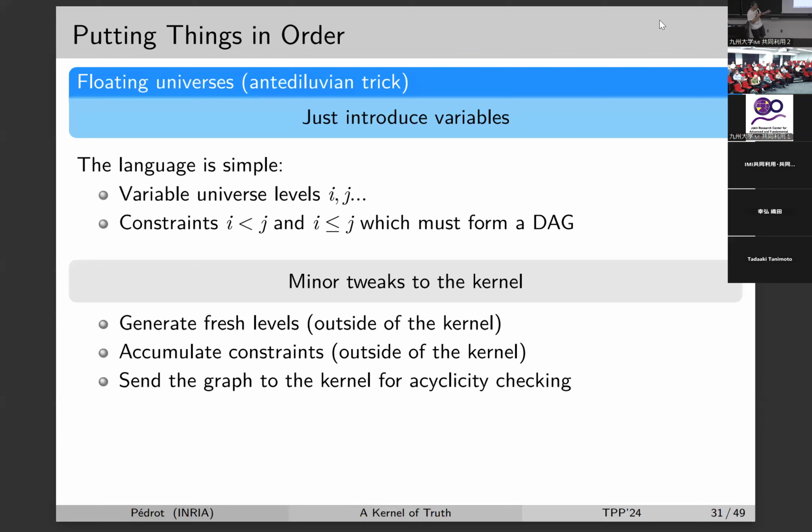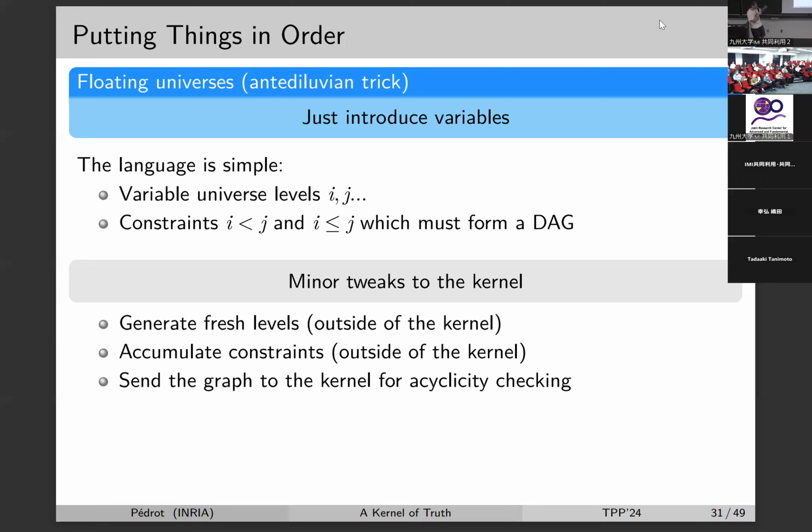It's very easy to implement in the kernel, which is probably the reason it was done at the time these things were introduced. It's a very old thing. I think it was introduced in 1987, so before I was born, in the kernel. Okay, so how does it work? Really, most of the thing is done outside of the kernel. You generate fresh names outside of the kernel.